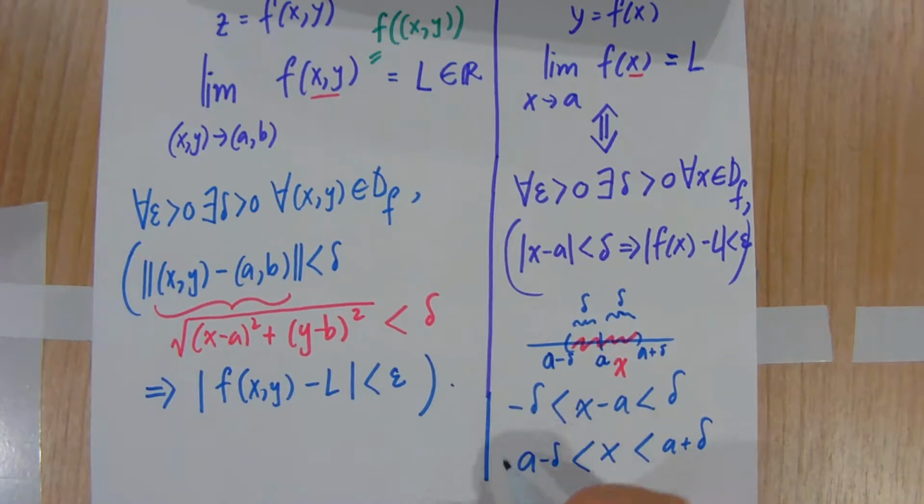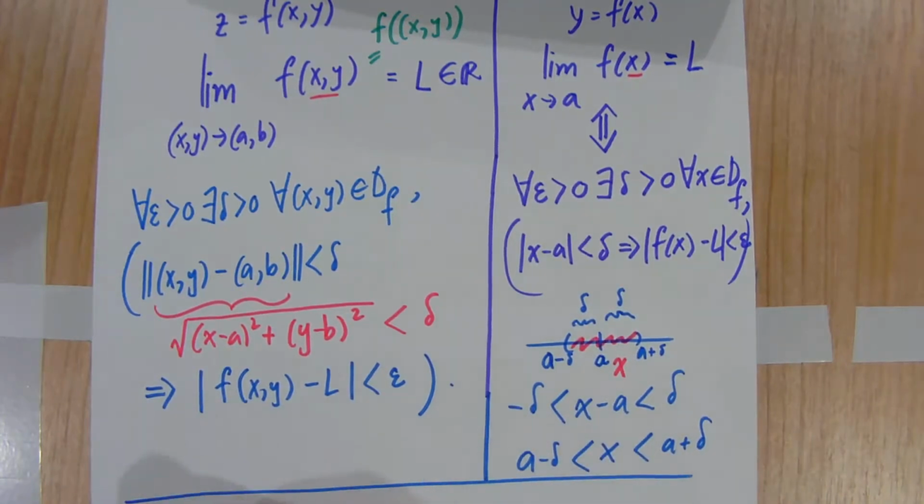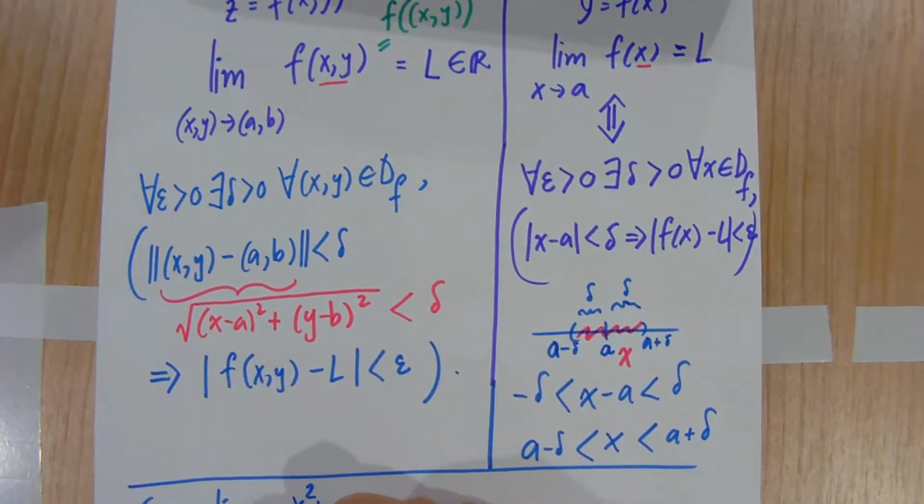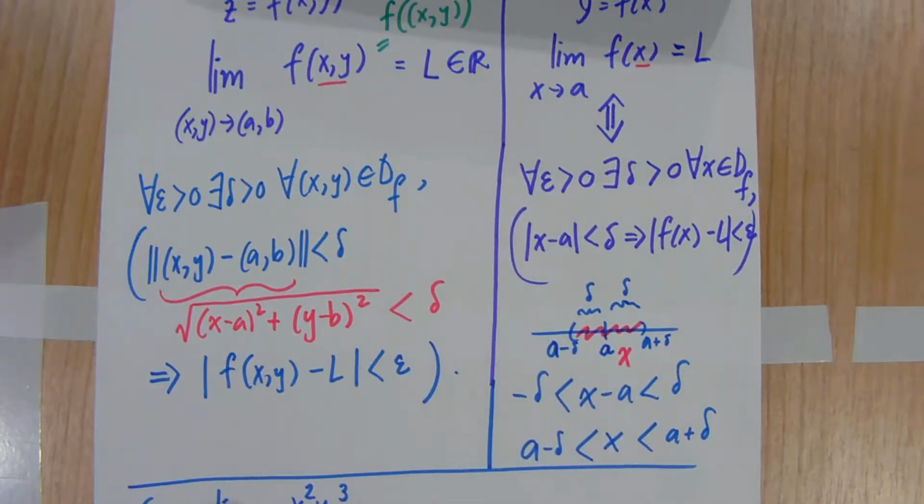If we find the limit of the function x squared times y cubed over x squared plus y squared, when (x, y) is close to the point (1, 1).